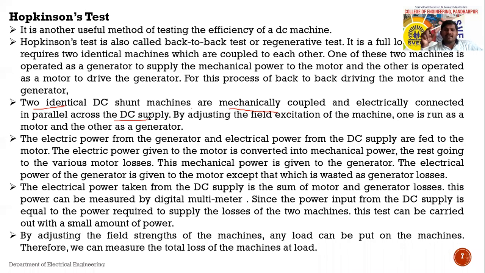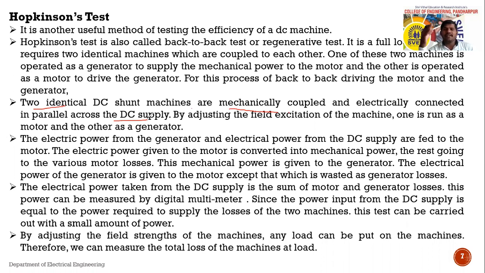That means the mechanical shafts of both are coupled. By adjusting the field excitation of the machine, one machine can be run as a motor, and the other machine can be run as a generator.